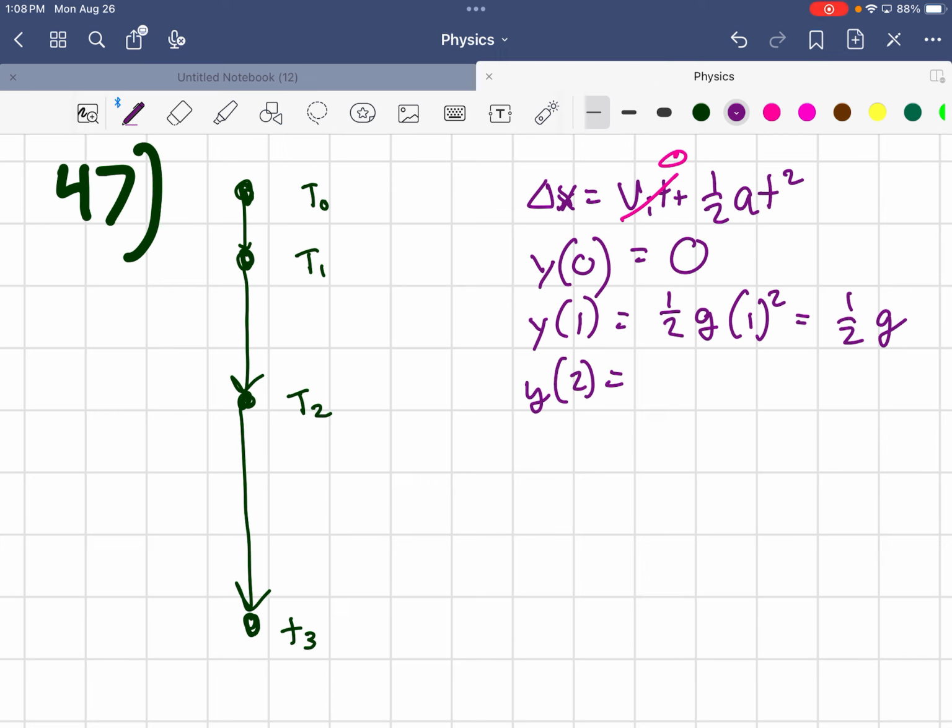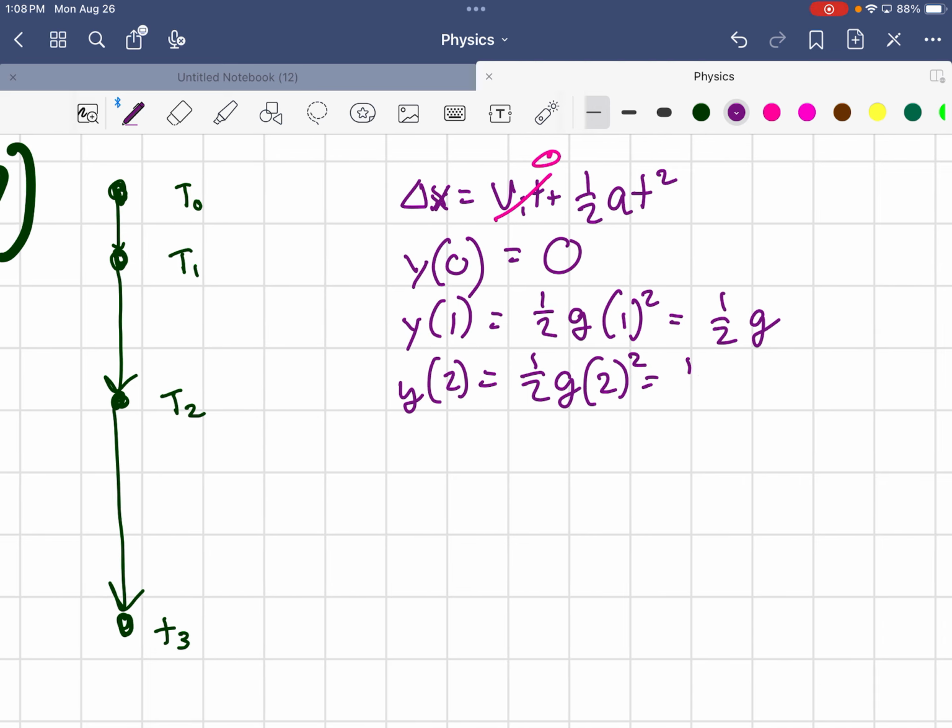So at 2 seconds, we plug and chug: 1/2 g 2 squared, which then turns into 1/2 g times 4. What's 2 times 2? Okay, so 1/2 g times 4.